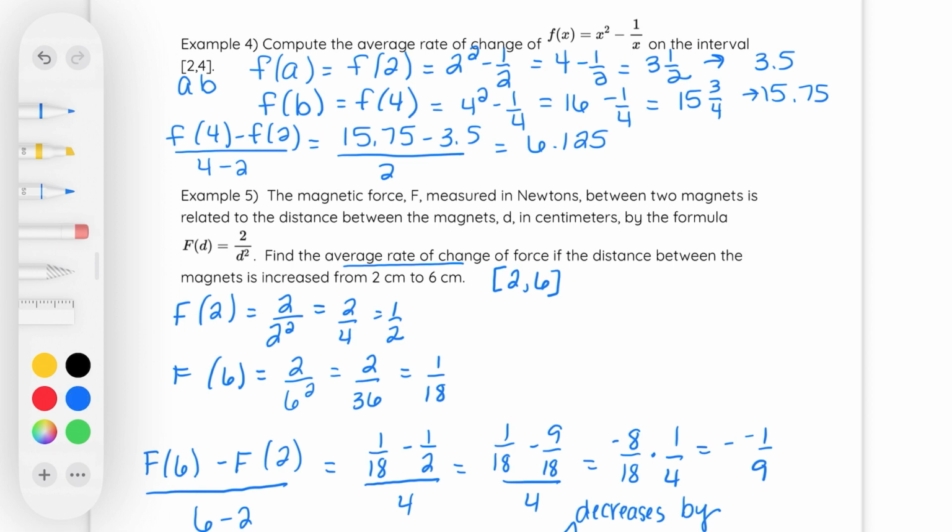And if I use the word decreases by, I would want to get rid of this negative, because if I say decreased by a negative, that would negate itself and turn into a positive. So decreases by 1/9 of a newton per centimeter.